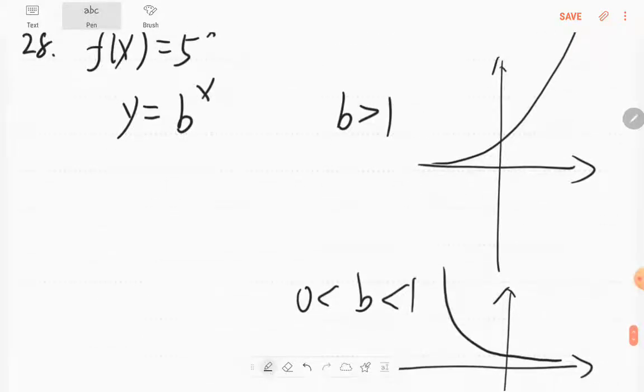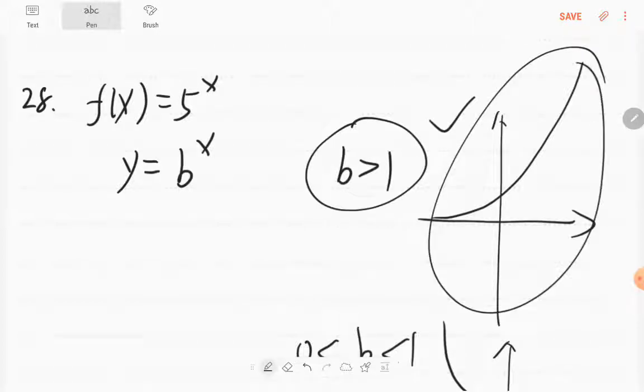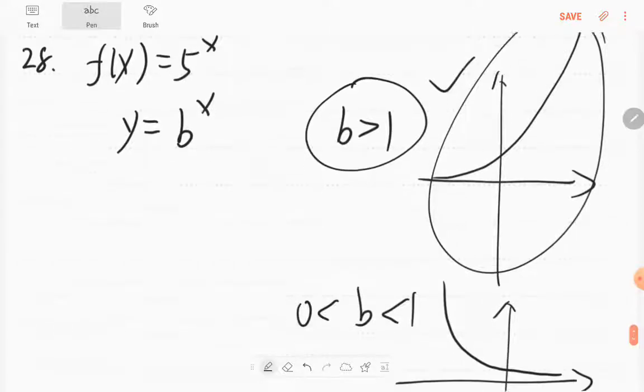Now our 5 is greater than 1, so we need to choose this case. So there is only one choice, which is D. So the graph will look like this one. Of course, the shape is a little bit different, but it's okay. We just sketch the graph. Number 29.